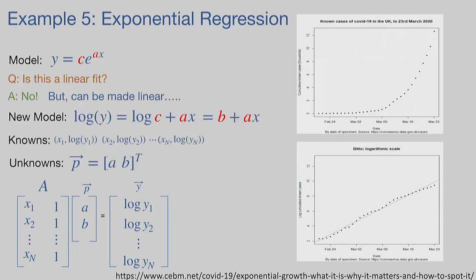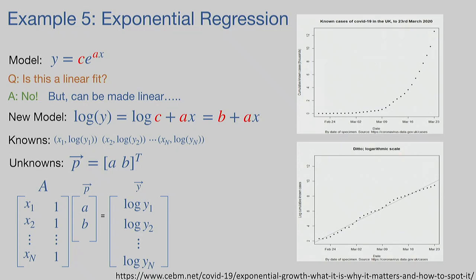And I would get a matrix A, which is made out of x1, x2, x3, all the way down, and then the second column is 1. And here are the logs of y1, y2, y3, y4, y5. Okay? So now I got it in a form that I know how to solve. How do I solve it? A transpose A inverse A transpose y tilde.